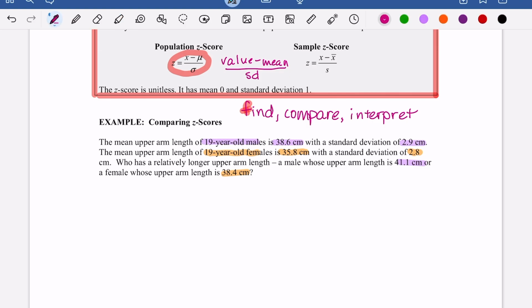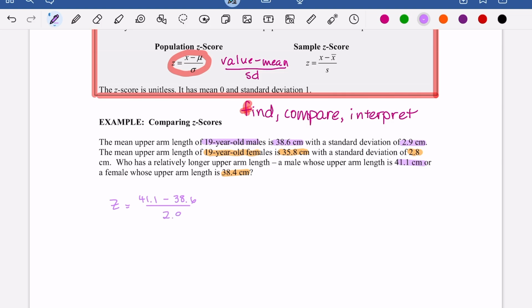The first thing I'm going to do is calculate the z-score for the male. The z-score is the value, which for our male is an upper arm length of 41.1 centimeters, minus the average of 38.6 centimeters, divided by the standard deviation of 2.9 centimeters.